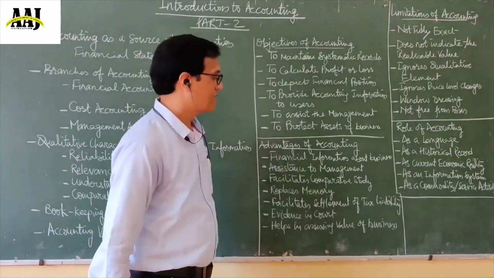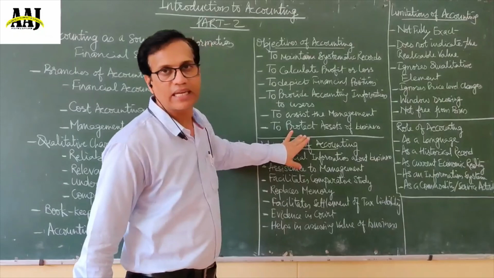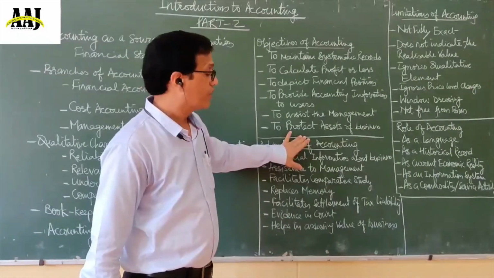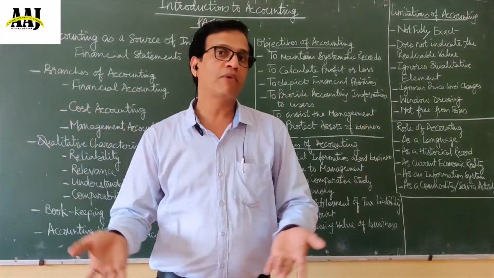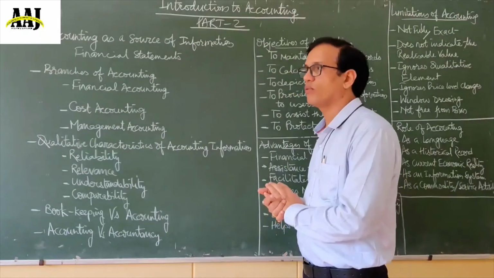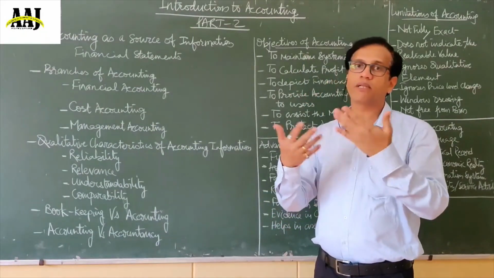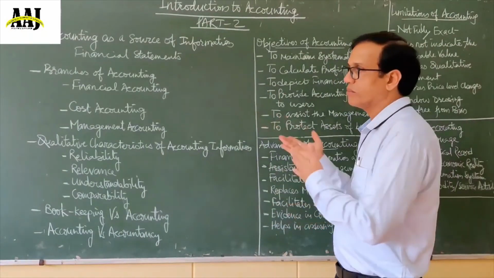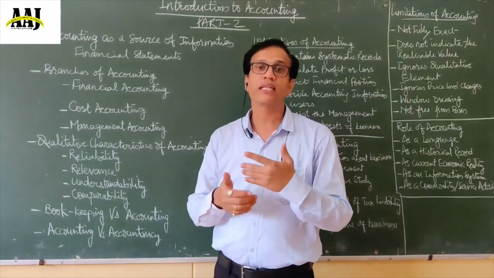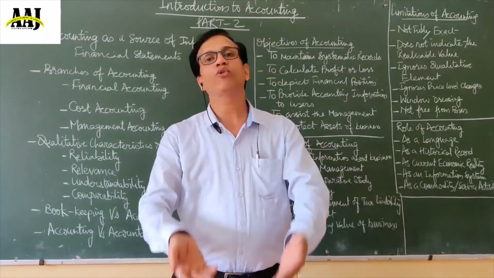Then helps in assessing value of business. As I was telling, to protect assets of the business, proper record of all the assets is maintained. When the time comes that we have to assess the value of our business, maybe because we are switching over from business X to business Y, then business X has to be sold off. Then what is the saleable value of our business?